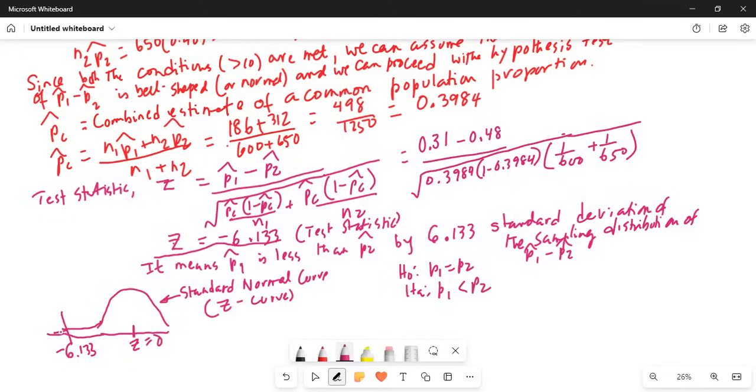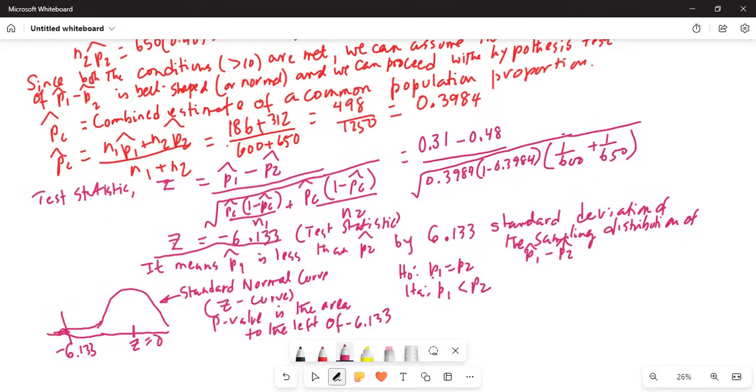So it's a left tail test. The p-value is the area to the left of minus 6.133. As I already explained, this test statistic is way in the left tail, so the p-value to the left of it, this area, should be very small.